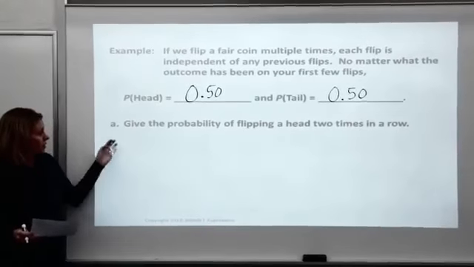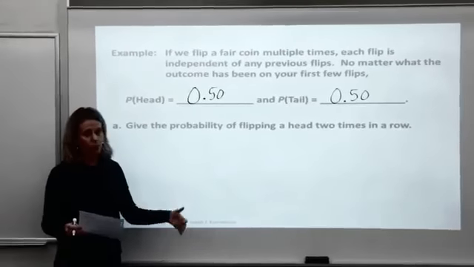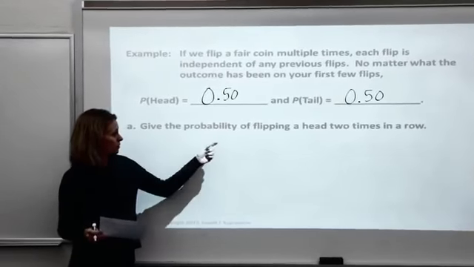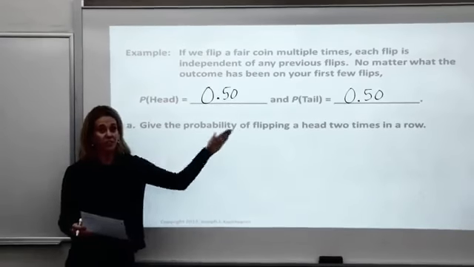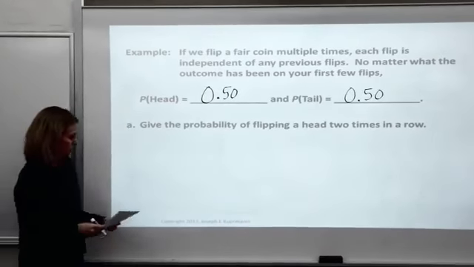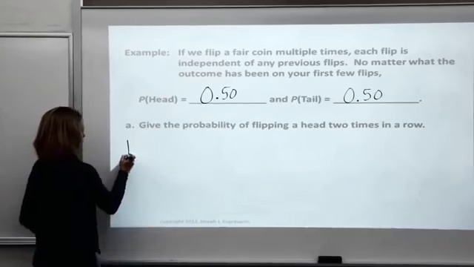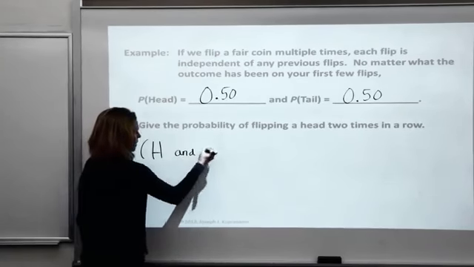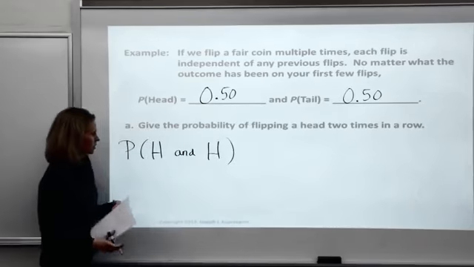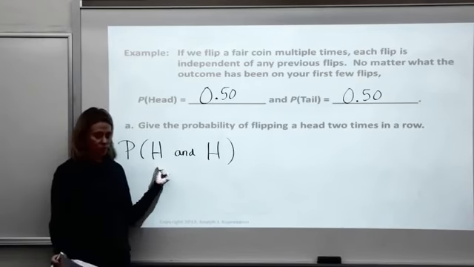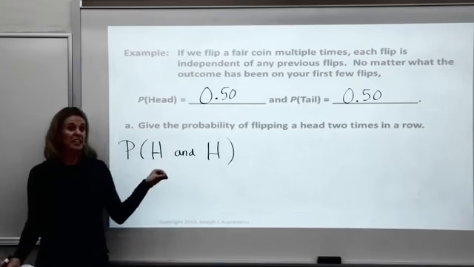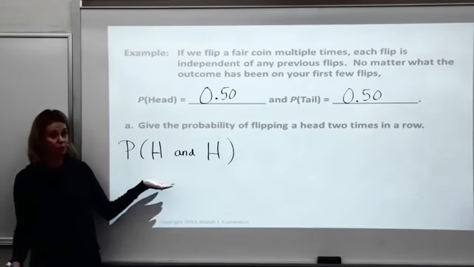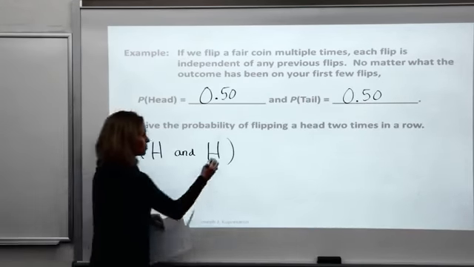So since they're independent, what's the probability that if I flip a coin 2 times in a row, I get heads 2 times in a row? I'd like to know the probability that I get heads on the first toss and I get heads on the second toss. Since the first toss and the second toss are independent, I can use that multiplication rule.